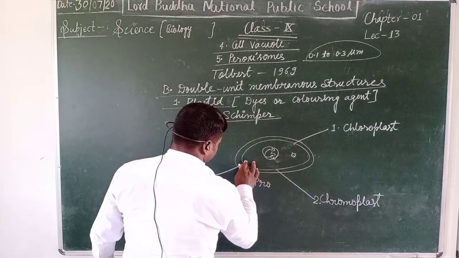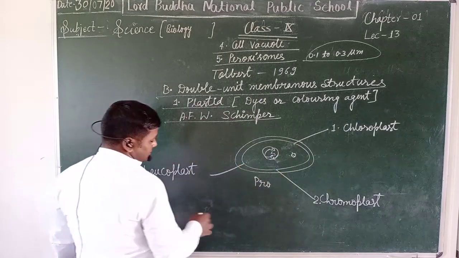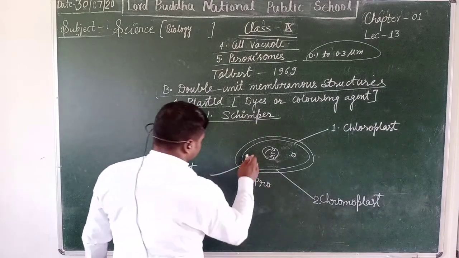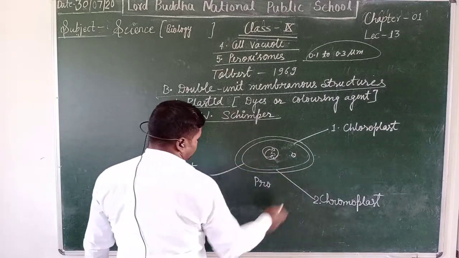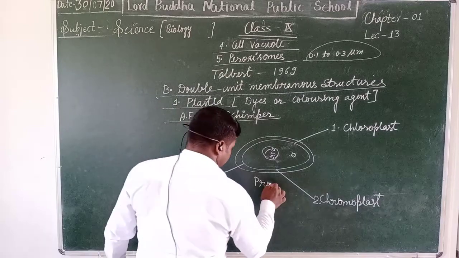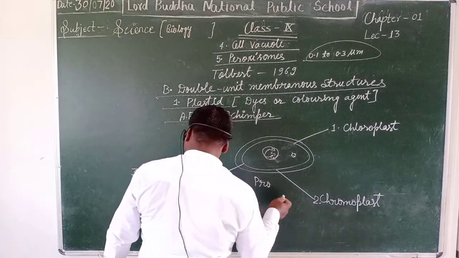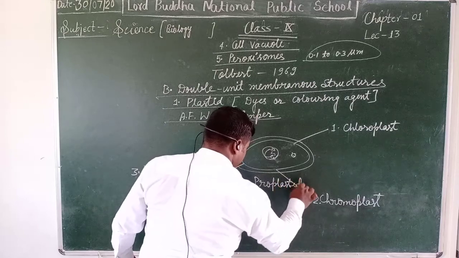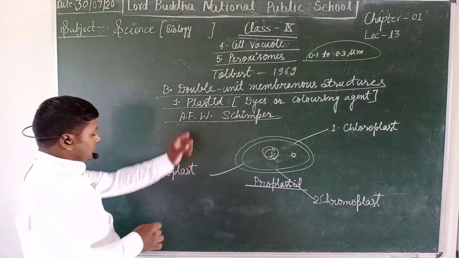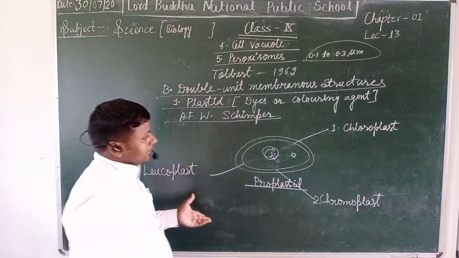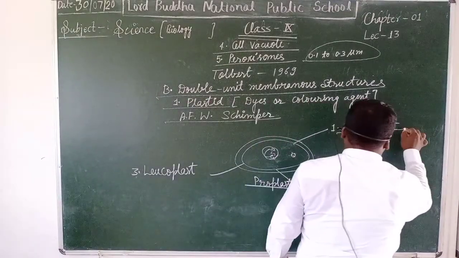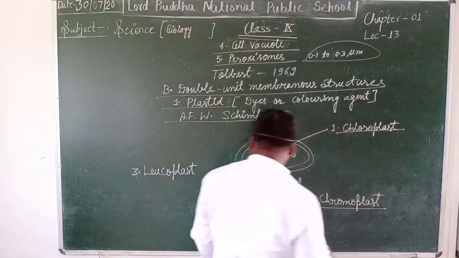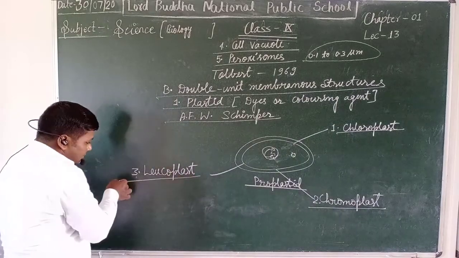It means, students, all kinds of plastids originate from a primary form of plastid called the proplastid. How? I will tell ahead.